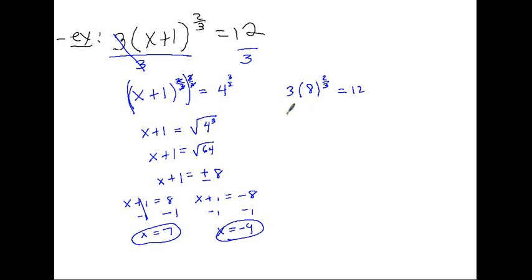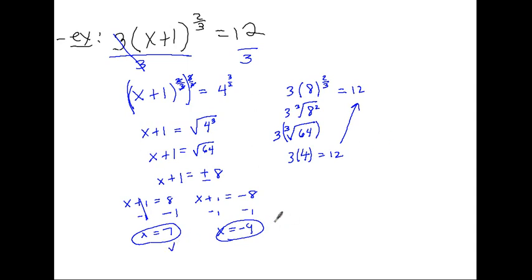Remember that this is the same thing as saying 3 times the cube root of 8 squared. 8 squared is 64, so this is the cube root of 64, and then we still have that 3 in the front. The cube root of 64, we learned already, was 4, and 4 times 3 is 12. So this does, in fact, check out. I'm going to go ahead and check this one off.